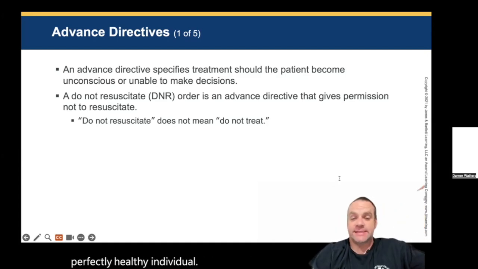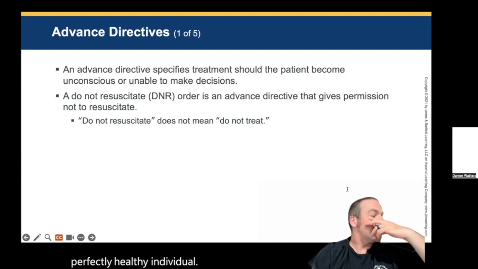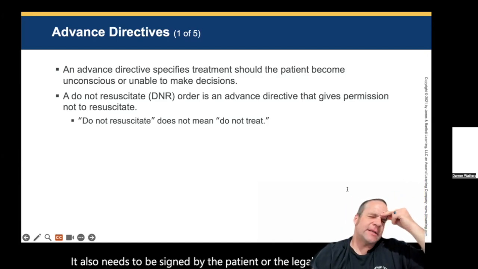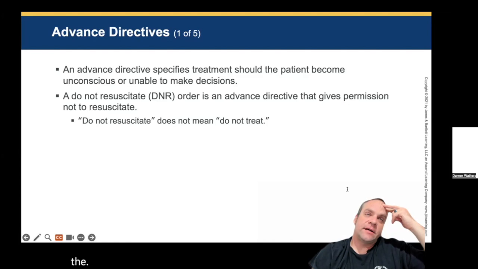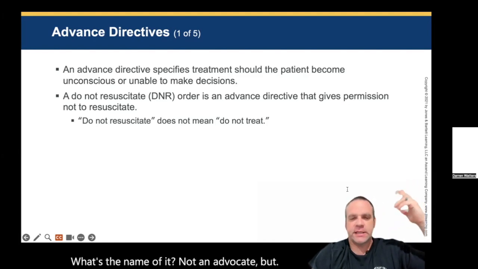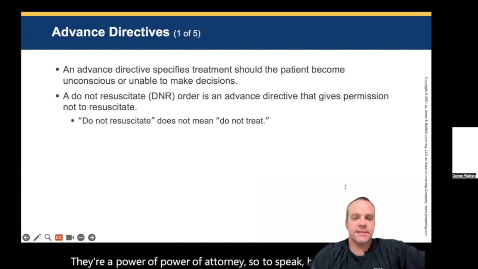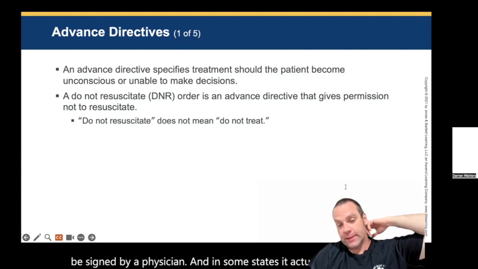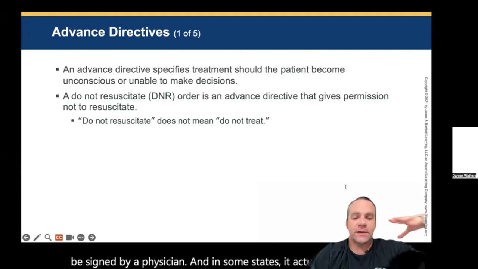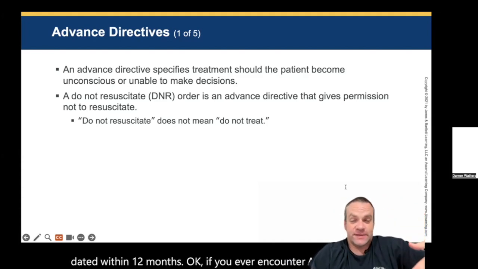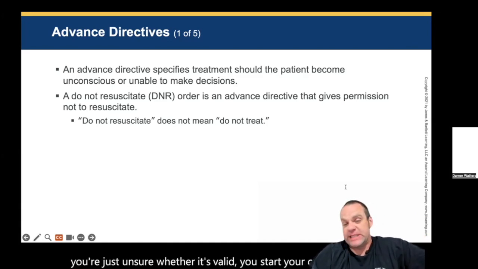It also needs to be signed by the patient or the legal guardian, or power of attorney, so to speak. It must also be signed by a physician, and in some states it must be dated within 12 months. If you ever encounter a DNR and you're unsure whether it's valid, you start your care, then contact medical control and see how they want you to proceed.